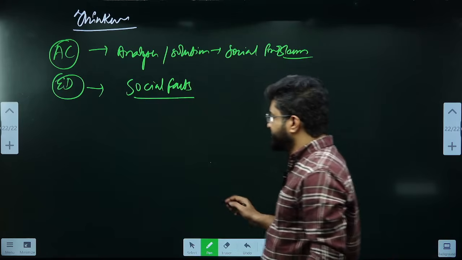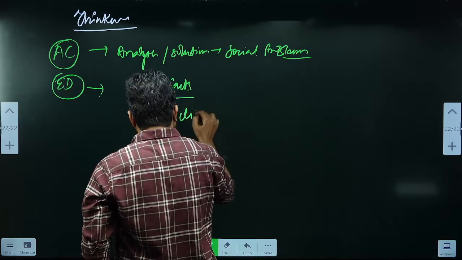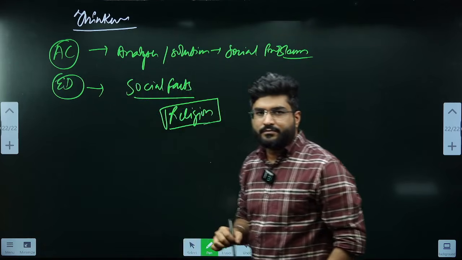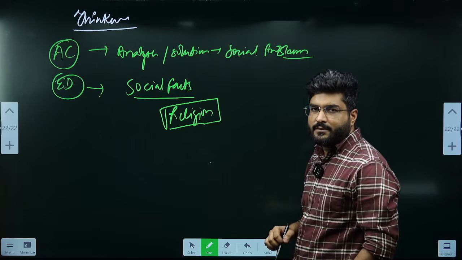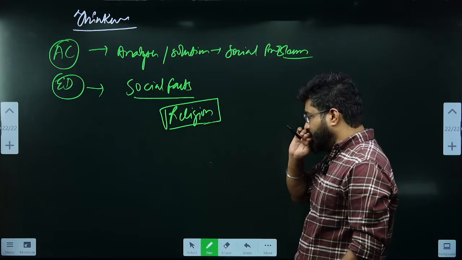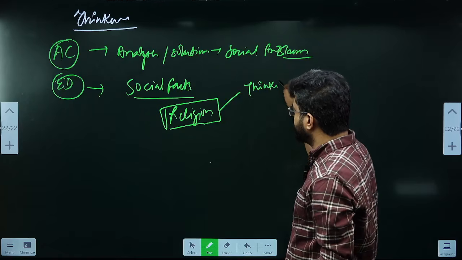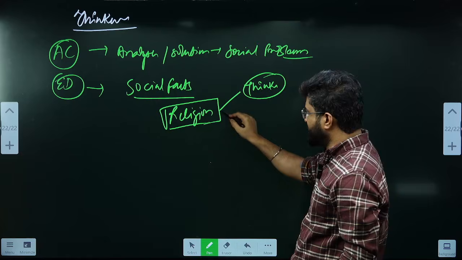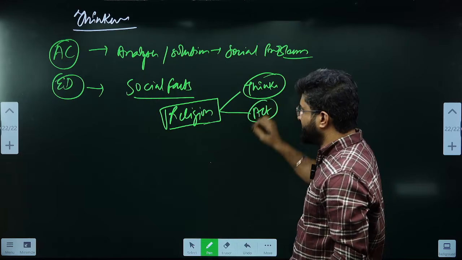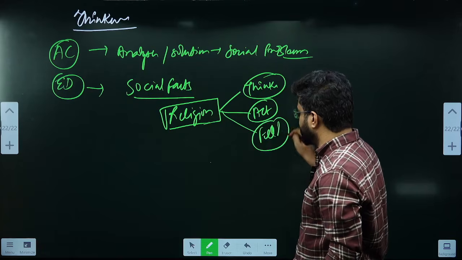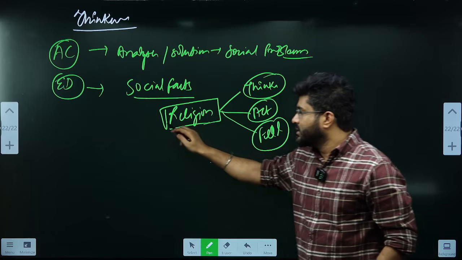For example, the role of religion in an individual. Religion helps us to think. Religion helps us to act. Religion helps us to feel in a certain way. So religion is a social fact.